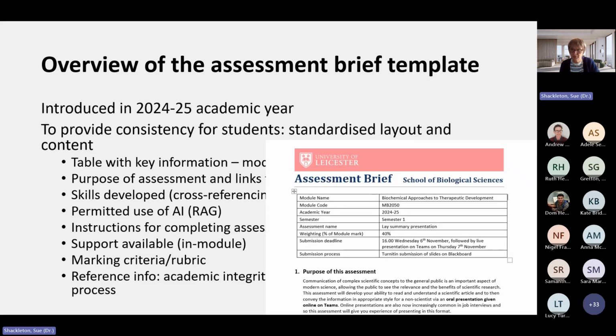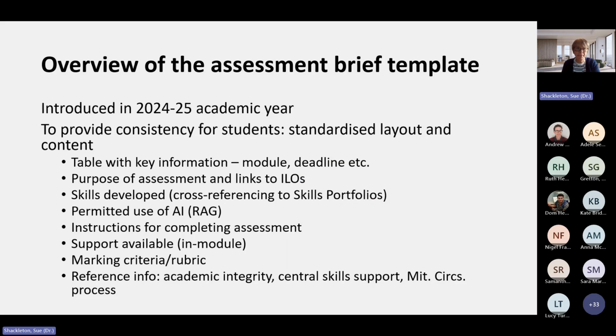So this is what that front page looks like. It's the same for all assessments. And I have to say that almost all our modules did manage to introduce this in the academic year that we're just ending.